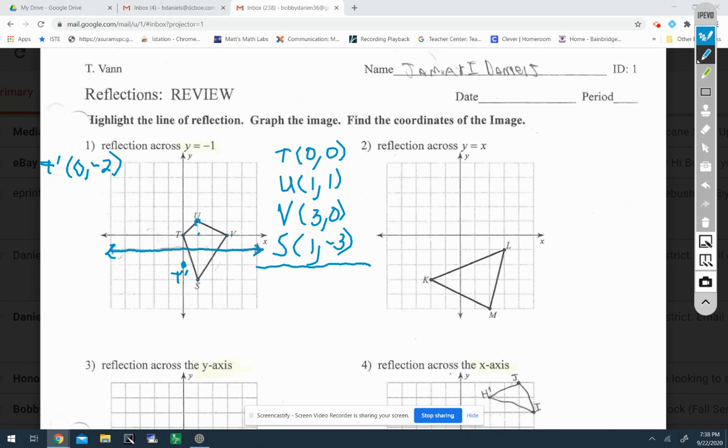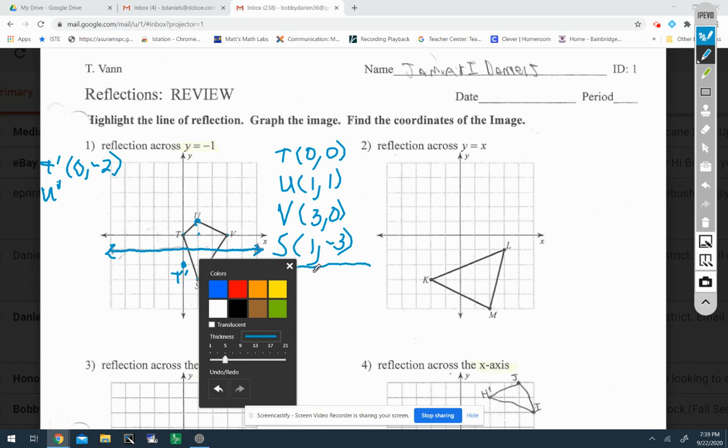All right, and U, let's take a look at U prime. Let's see where U would move to. This U was 1, 1. So if we go to this line, we count it as up 1, 2. 2 places above the line. So if we go back to this line, we go in the opposite direction 2 places, 1, 2. So U will actually go where S is right now.